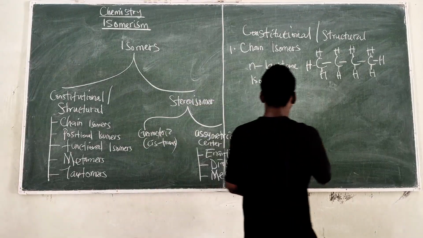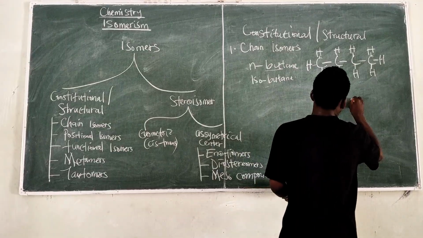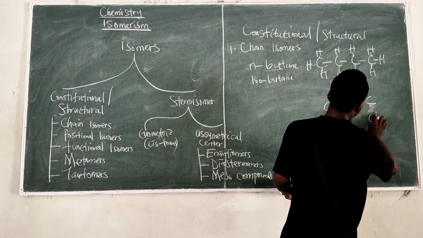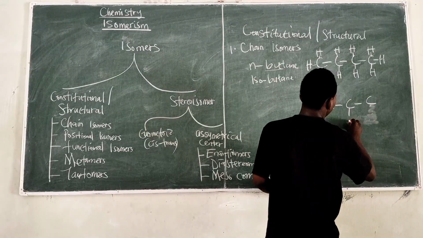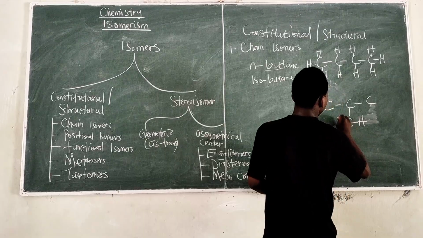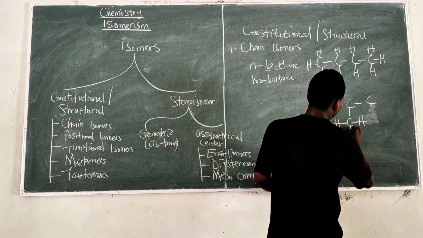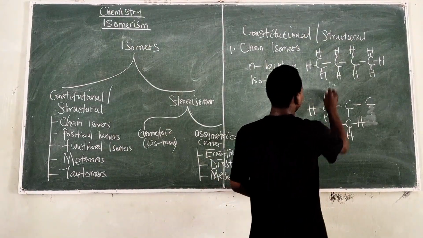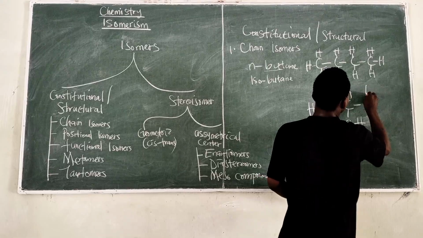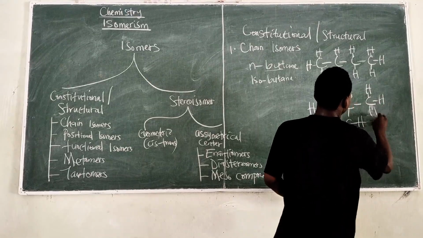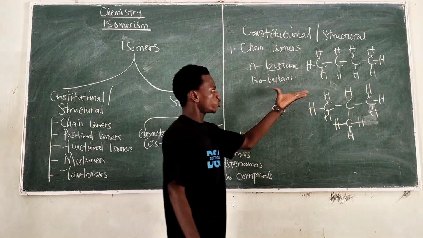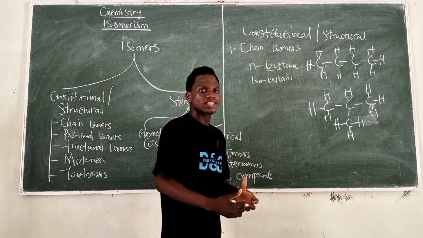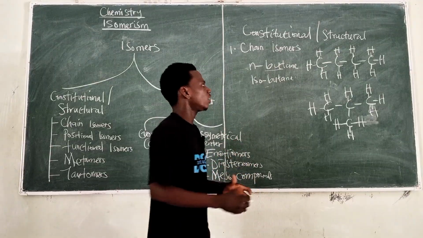Also, we have the structure of isobutane. So now, we can both agree that these two structures are different. So they are isomers, but then because they are isomers, they have the same molecular formula.